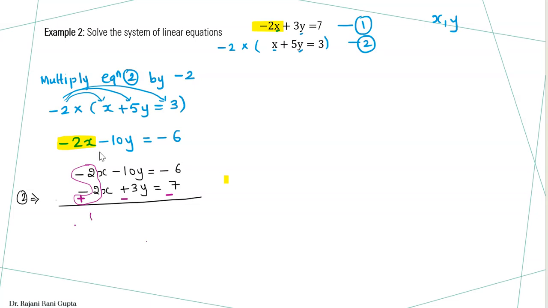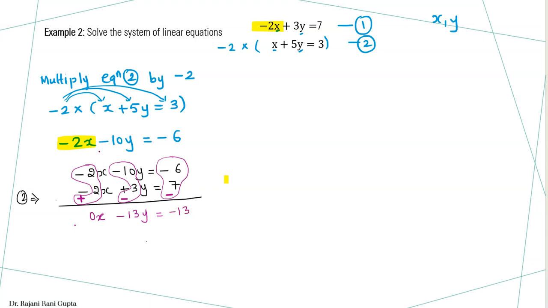So it is 0x. And then minus 10, minus 3 because we are considering the new sign. So minus 10 minus 3 is minus 13y. Then minus 6 minus 7. How much is it? Minus 13 again. Okay.